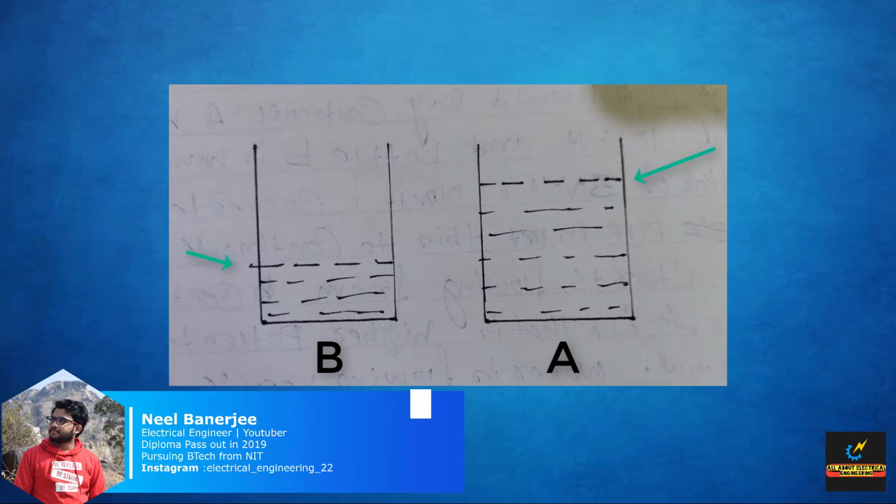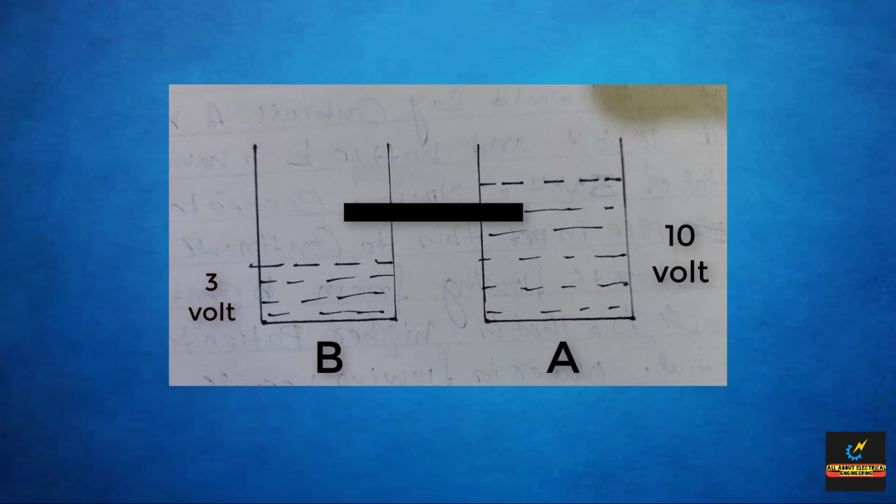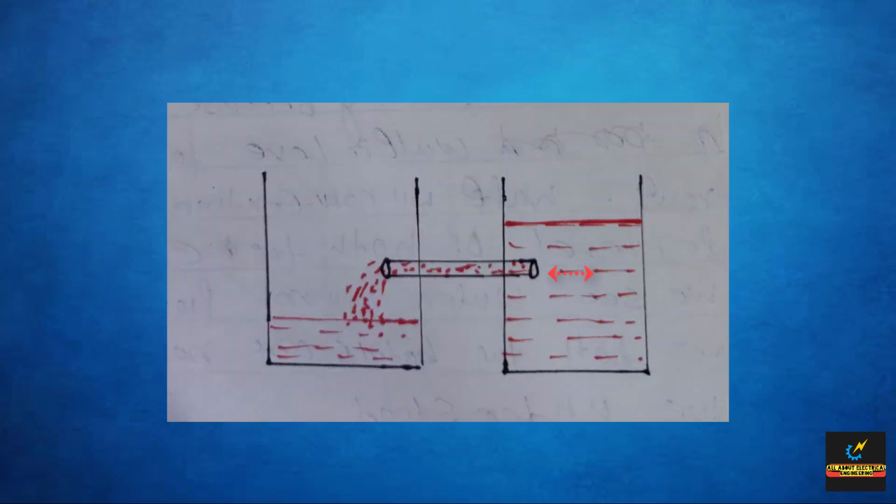In technical language, I would say container A has an electrical potential of 10 volt and container B has an electrical potential of 3 volt. Now, if I connect a small pipe between these two containers, then the water starts flowing from container A to container B, that is, from higher potential to lower potential.